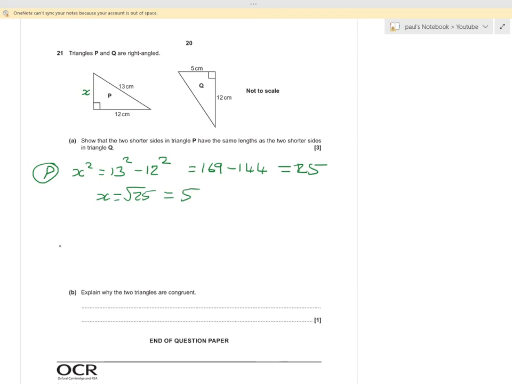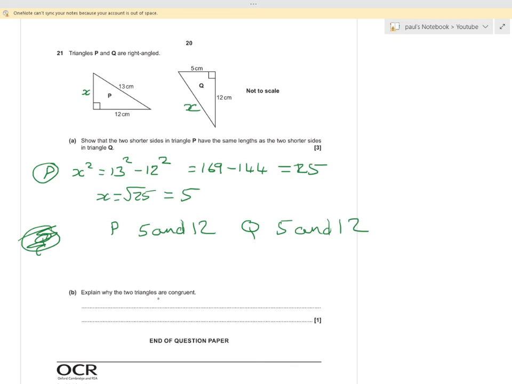Okay, in triangle Q, where do they go? Oh, that's all you have to do, yeah? So, don't have to do that one, because it's already got 5 and 12. So in P, we have 5 and 12. And in Q, we also have 5 and 12.